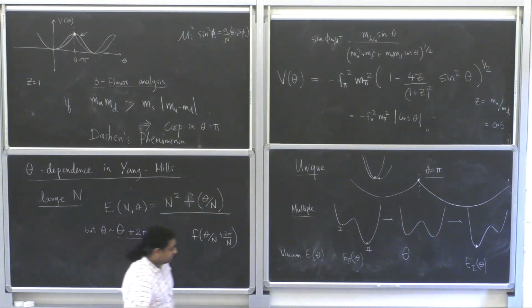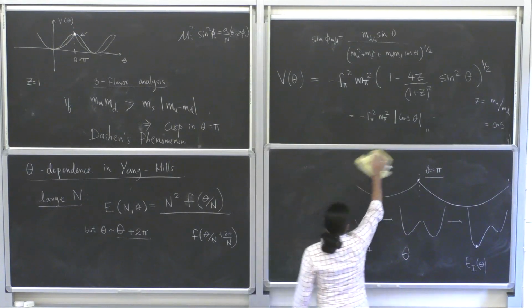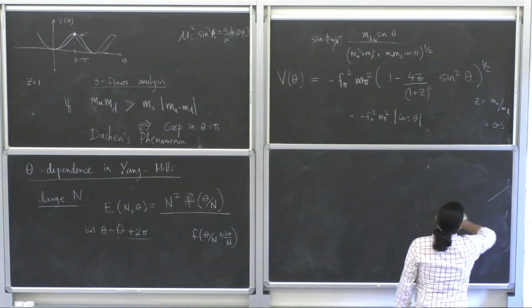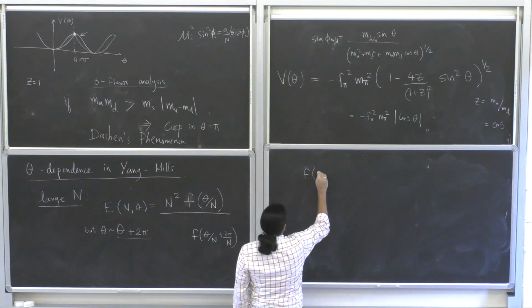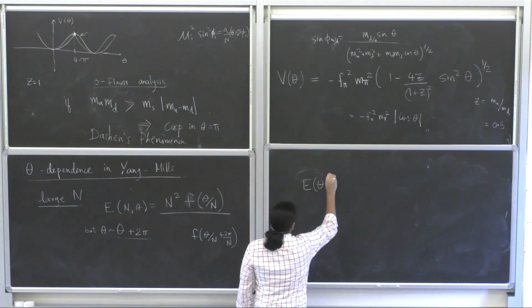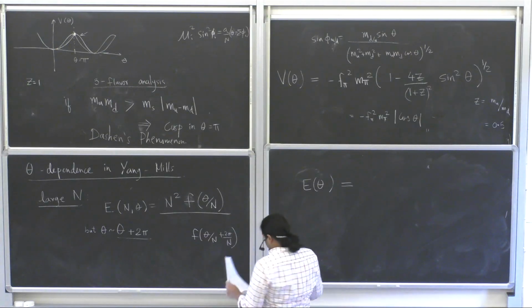And so Witten argues for this branched structure where the energy of theta has a structure which looks something like this.